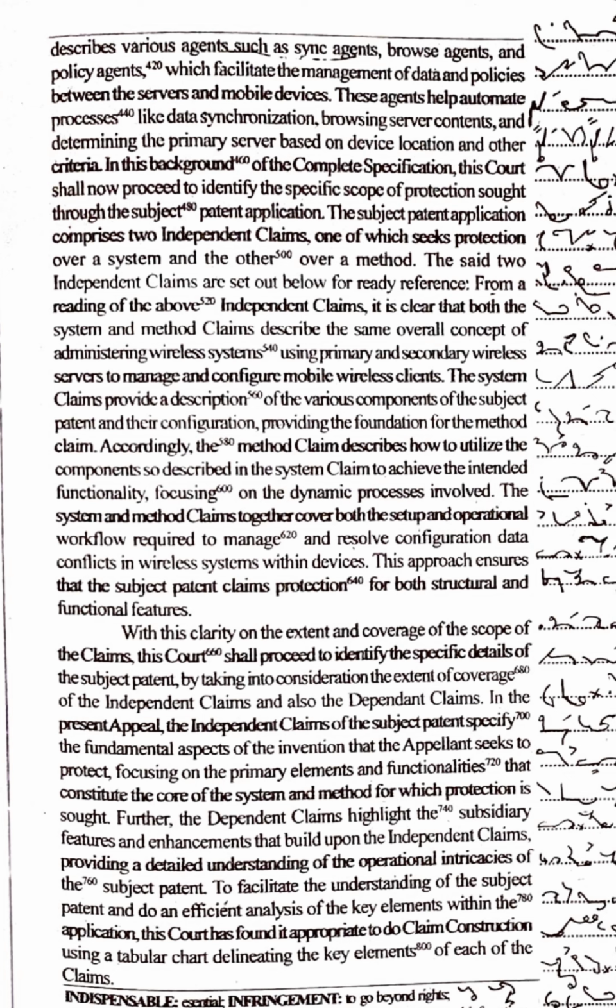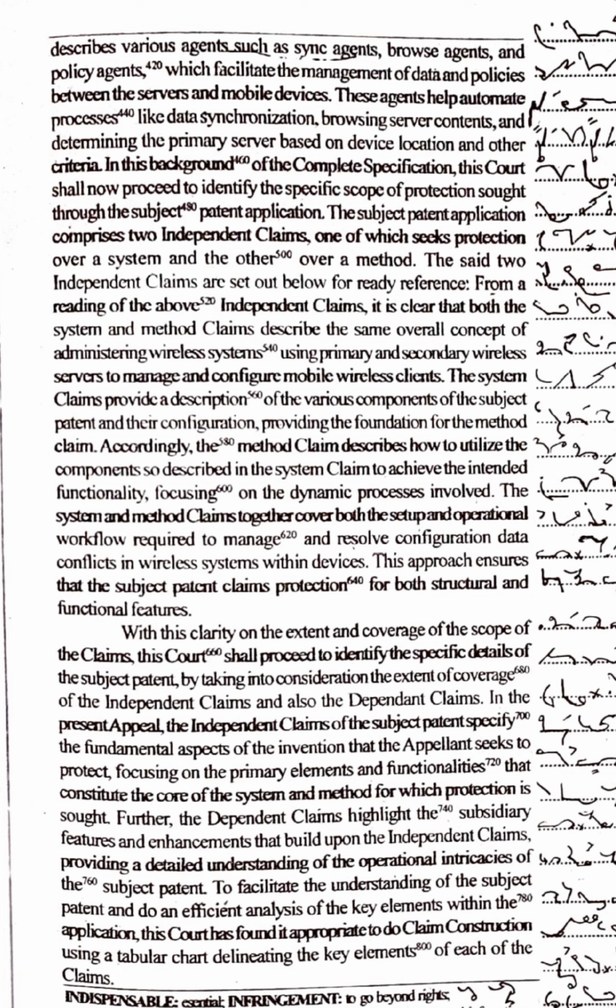The system and method claims together cover both the setup and operational workflow required to manage and resolve configuration data conflicts in wireless systems within devices. This approach ensures that the subject patent claims protection for both structural and functional features.